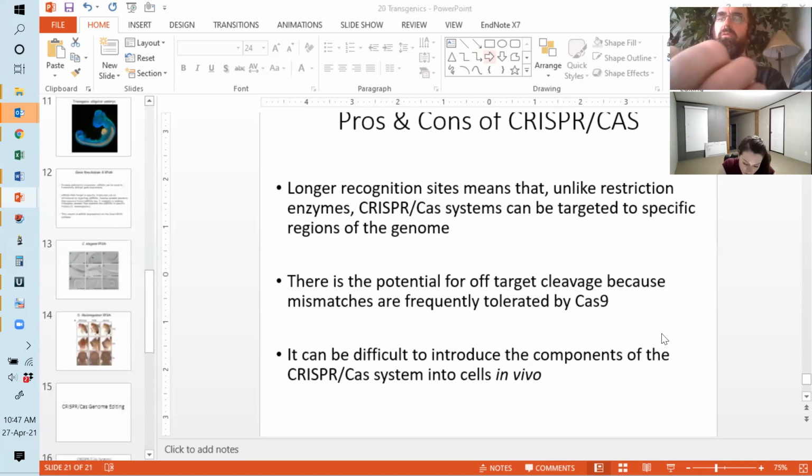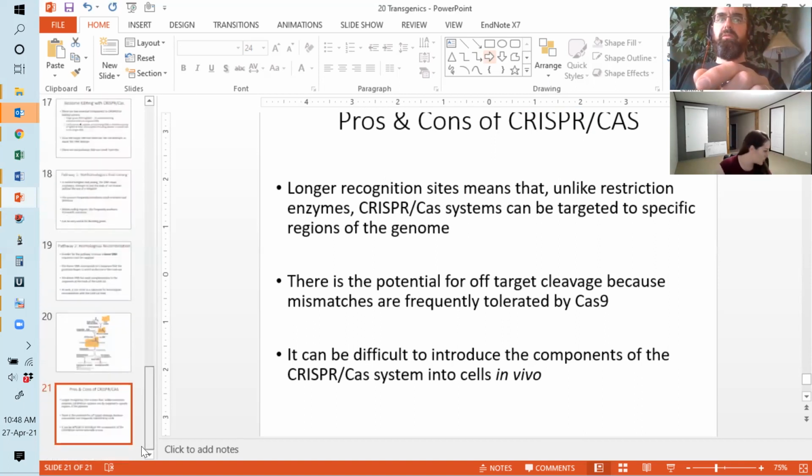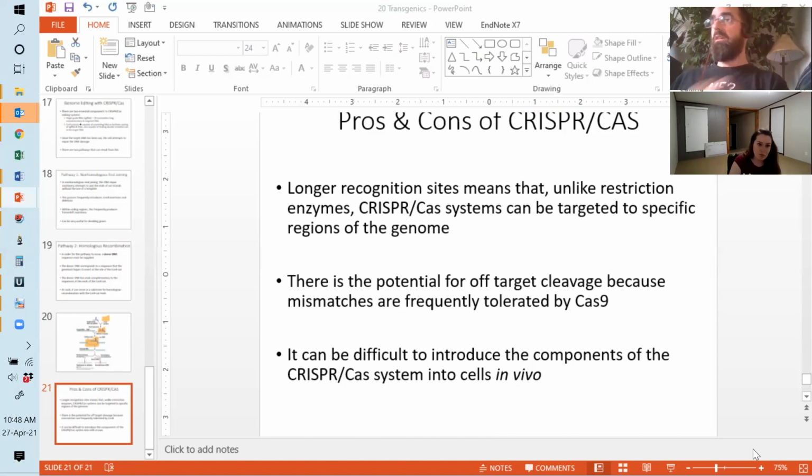So PowerPoints 17, 18, and slides 11 to 21 of PowerPoint 20. That's all that will be on the exam. That's not all, because obviously there's an awful amount of information there, but any of the stuff in the rest of this PowerPoint or in PowerPoint 19 will not be on the exam because we didn't cover it in class.